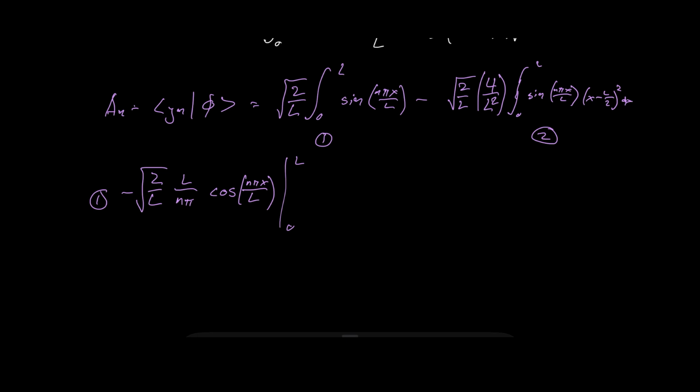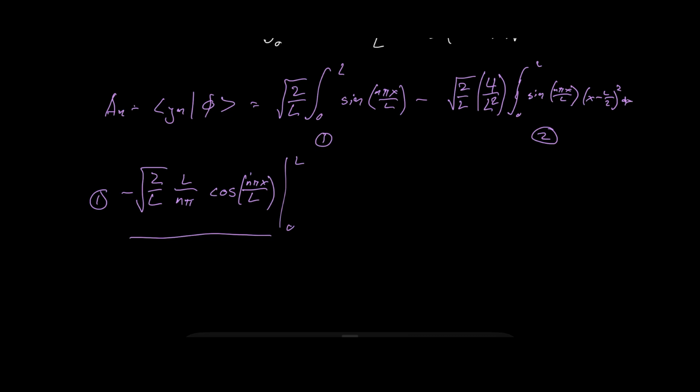So when x is L, then we get n pi. So n pi, if it's 1 pi, it's negative 1. If it's 2 pi, it's positive 1, right? So that means this whole expression is positive when n is odd.